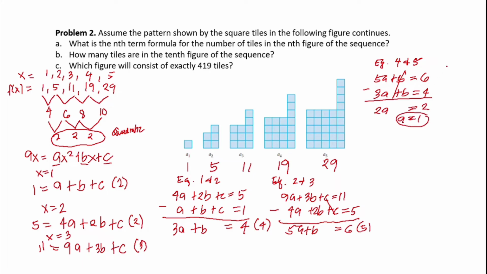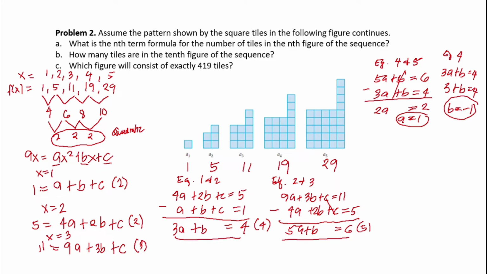Now we use either equation 4 or 5. Let's write equation 4: 3a plus b is equal to 4. What is the value of a? 1. So 3 plus b is equal to 4, so b is equal to 4 minus 3, that is negative 1.